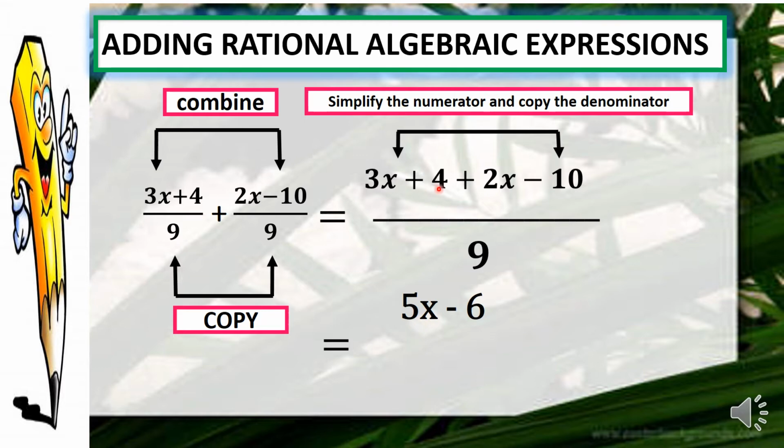And then for positive 4 minus 10, you have negative 6. And then copy lang natin yung denominator, which is 9. So therefore, ang ating final answer is 5x minus 6 over 9. Ganun lang kasimple kung paano mag-add ng similar rational algebraic expressions.